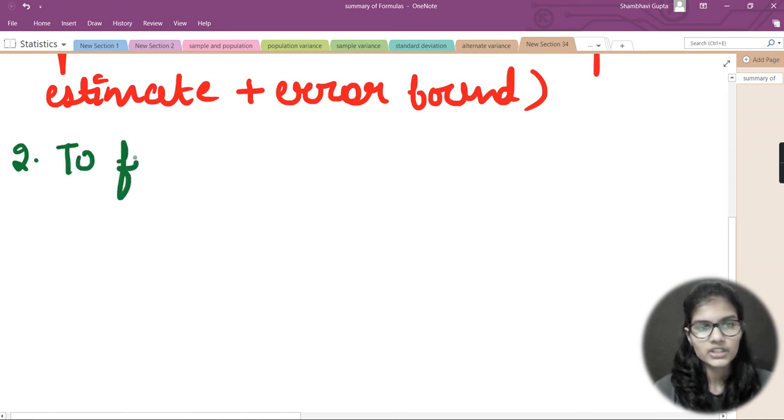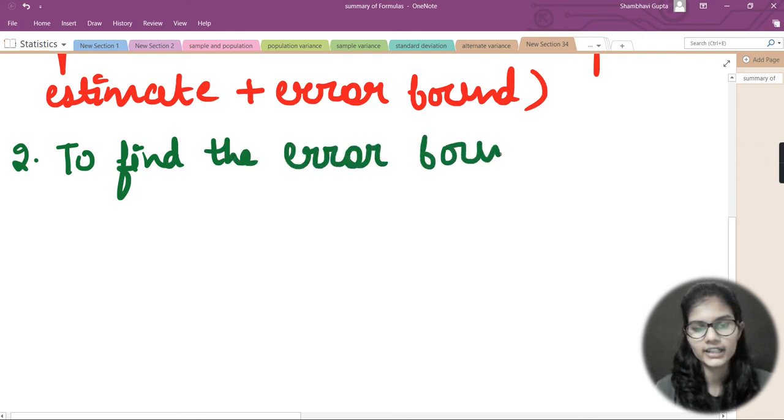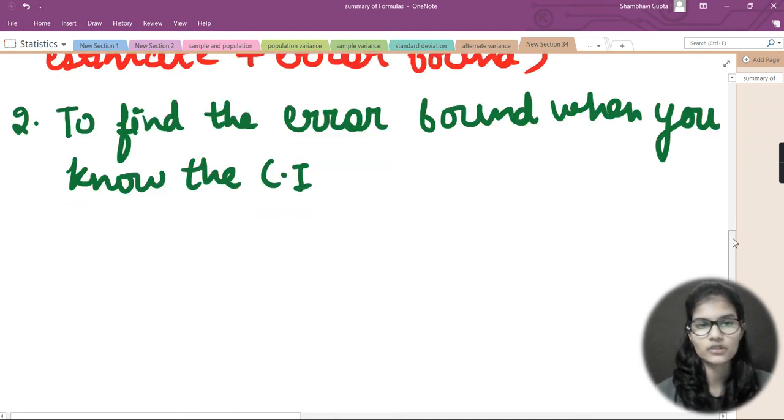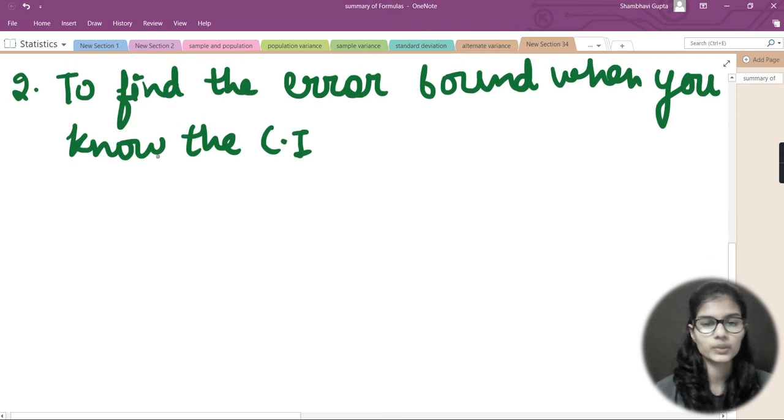So I would write here: to find the error bound when you know the confidence interval, right? This is one condition which can come. For that we have one formula.